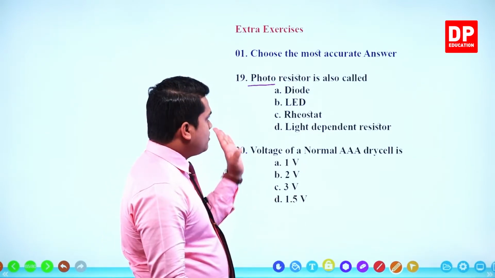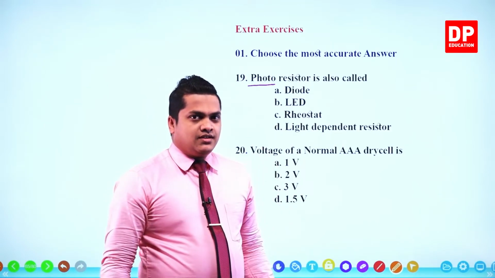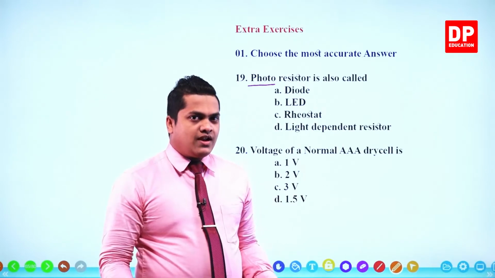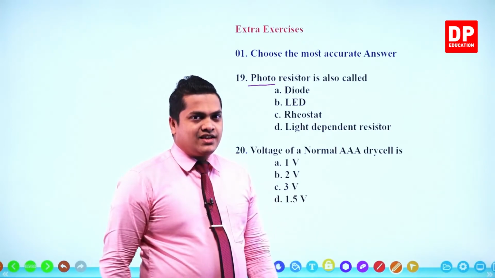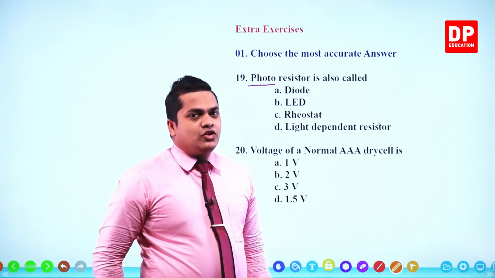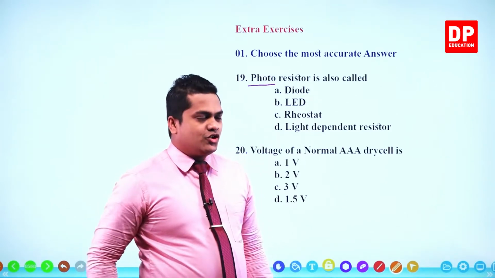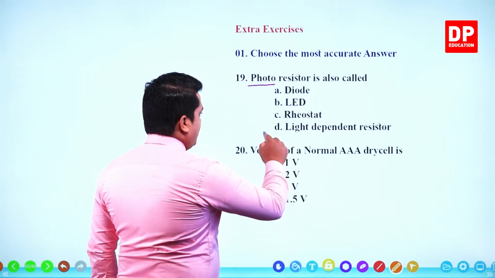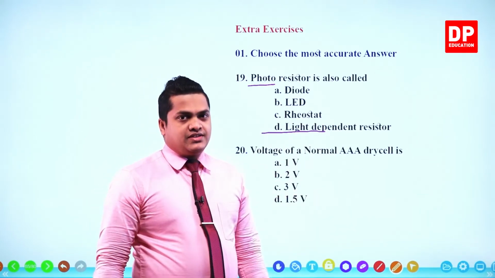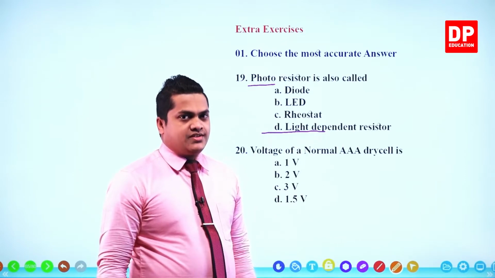So a photoresistor, according to the amount of light, its resistance is getting changed, or else it is a type of resistor that utilizes light energy. So it should be a light dependent resistor. So a light dependent resistor is also referred to as a photoresistor.